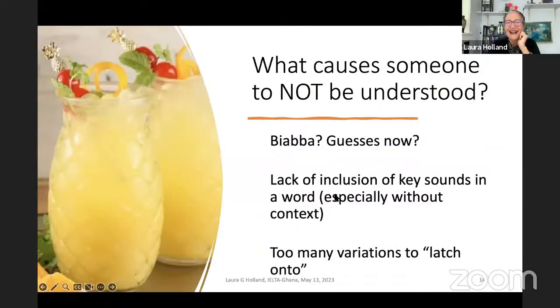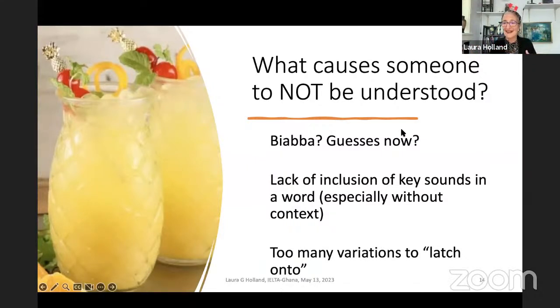I thought I had it written down here. Okay, I am going to put it in the chat. Pineapple.